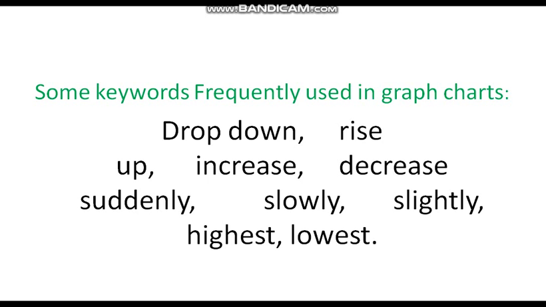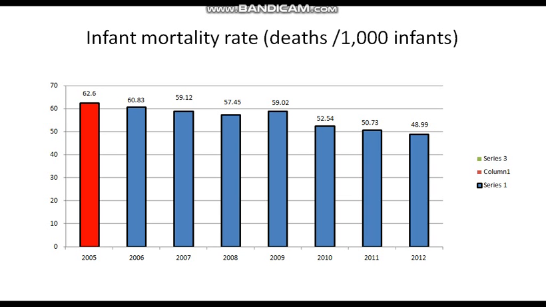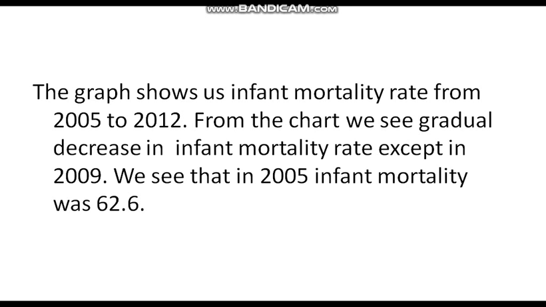Let's see how we shall write the answer from the chart. In this chart I have highlighted the first column, that is in 2005 the infant mortality rate was 62.6. Let's see how we shall write the answer. The graph shows us infant mortality rate from 2005 to 2012.